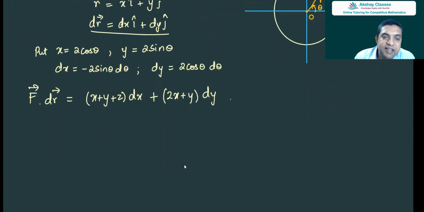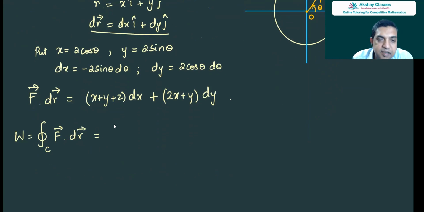Now, when we are integrating around the circle, this is the work done. Then it will be like this: x plus y plus z dx plus 2x plus y dy.